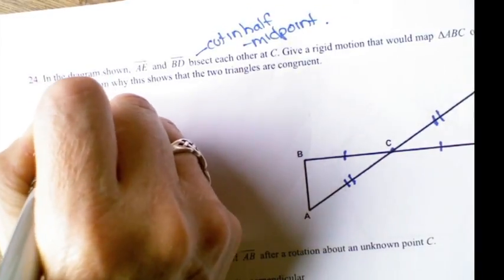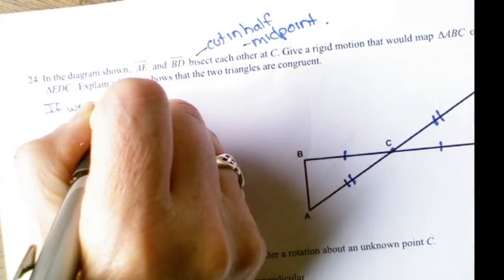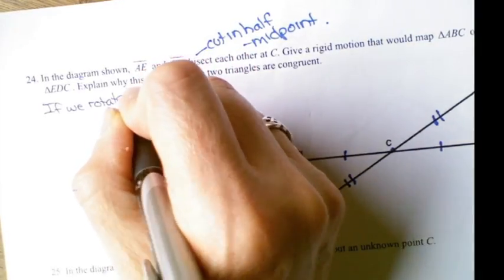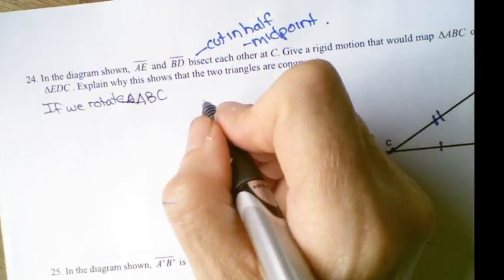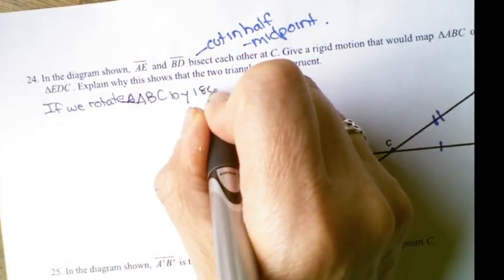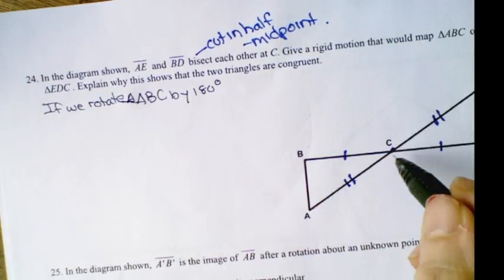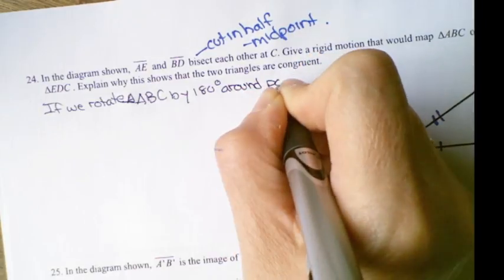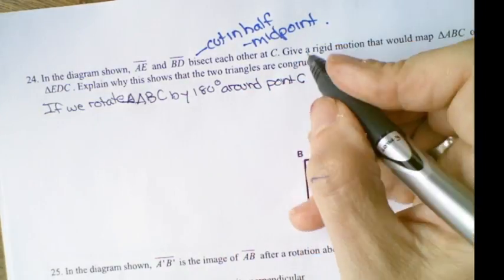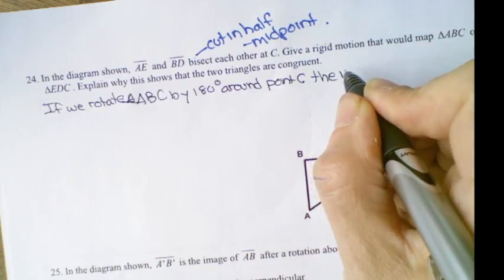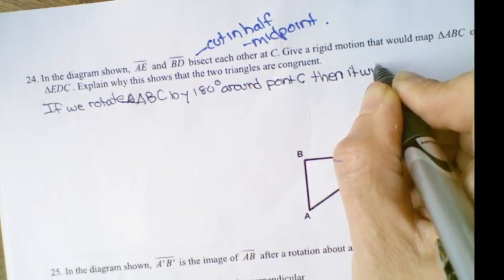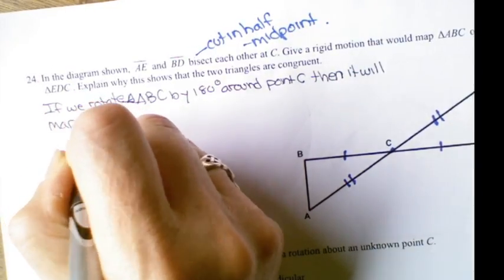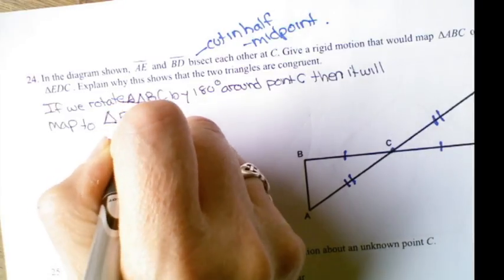if we rotate triangle ABC by 180 degrees around that turning point, around point C, point rotation, then it will map to triangle EDC, the other one.